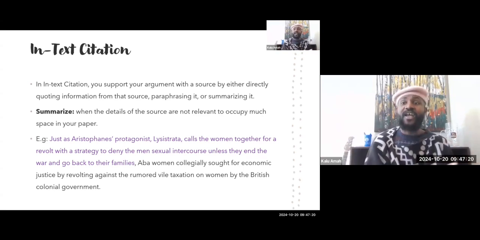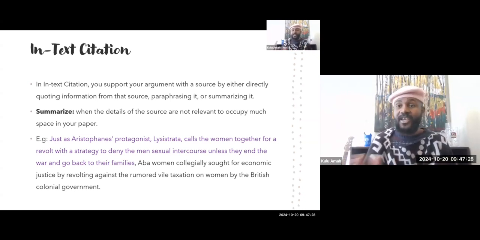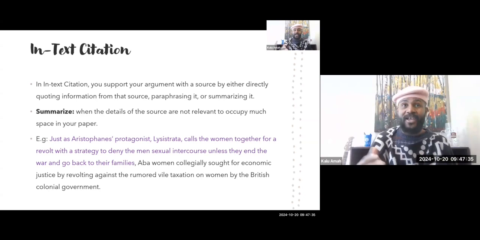If that play has like 500 pages, the main thing of that play is that women denied their husbands sex so that their husbands would stop fighting in the war. That was between Sparta and Greece, I think, something of that nature. So that was just it. I will just use this one sentence to summarize it and go ahead with my paper. So it is on this account that you use summary.